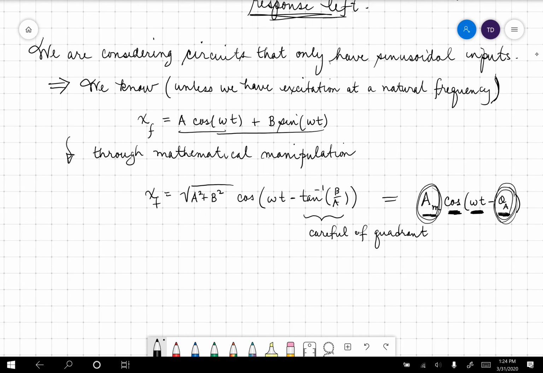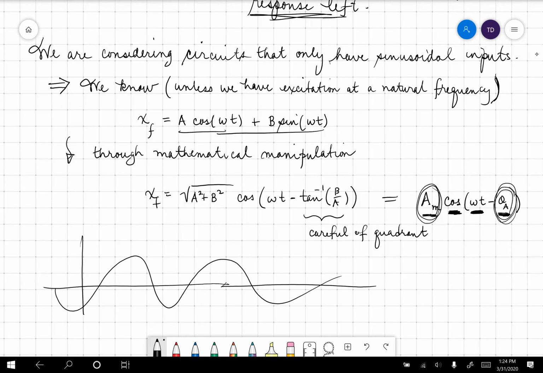So you might put in something that looks like this. Okay? And you're going to get out something, depending upon where you look, it might be smaller. Okay, so it might be shifted and might be smaller. Like that, it's going to be the same exact frequency, and it's going to be shifted by a certain amount. So it has a phase shift to it, and it has an amplitude scaling.